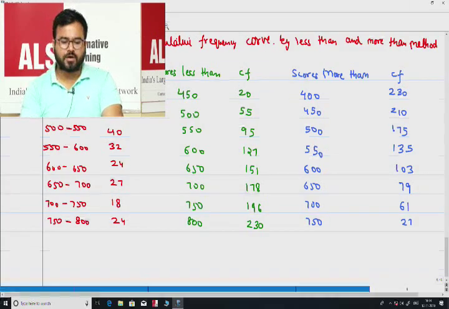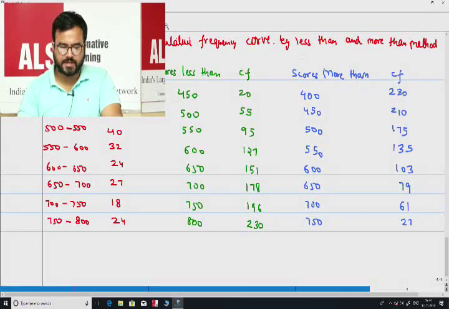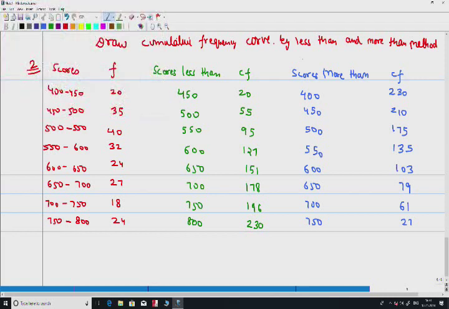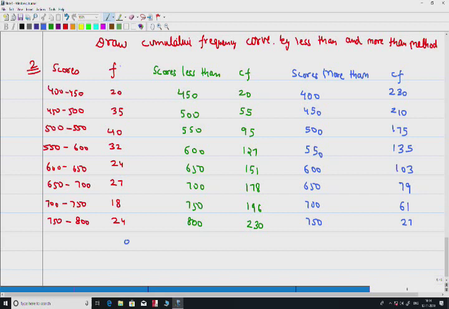More than 400. 1 second. Oh yeah, it's 220.